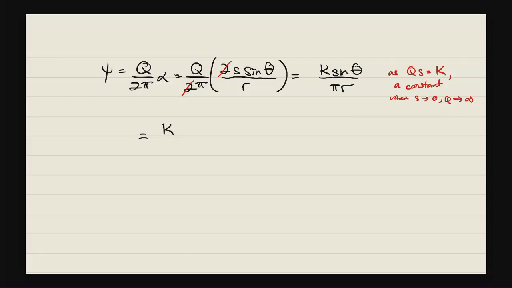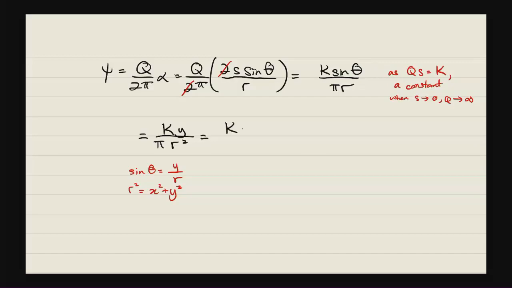So if you guys can't remember, sine theta is equal to y over r, and r squared equals x squared plus y squared. So I have a y here, and r squared is just x squared plus y squared.